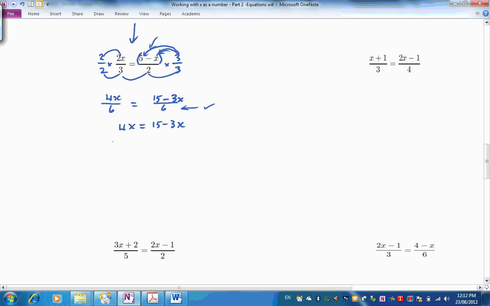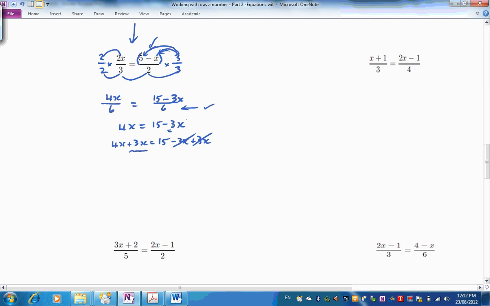If we were to add 3x to both sides, how did I work that out? Well, let's have a look over here. If I added 3x, this is take 3x. If I added 3x to that side, I will actually wipe it out. I'll remove it from that side. To keep the equations equal, obviously, or to keep the sides equal in this equation, then we would have to add 3x to the other side.